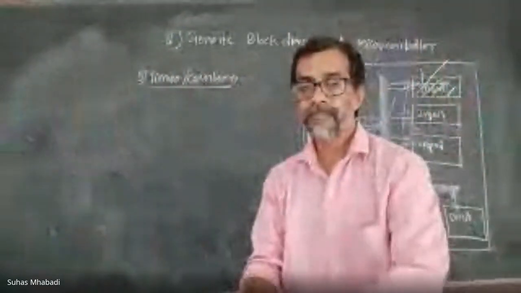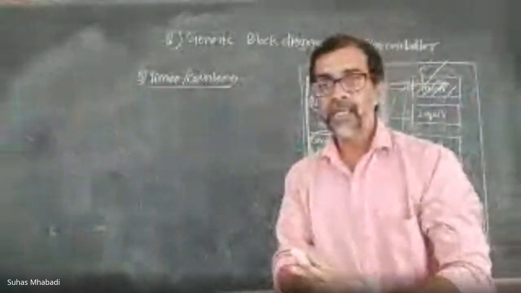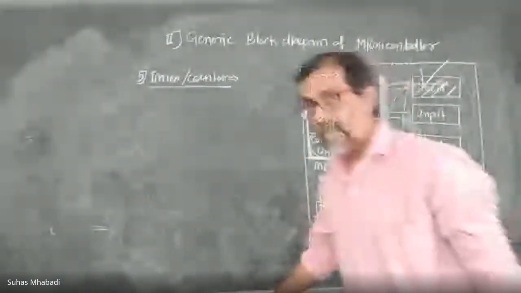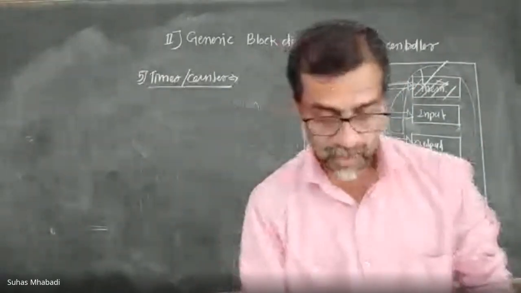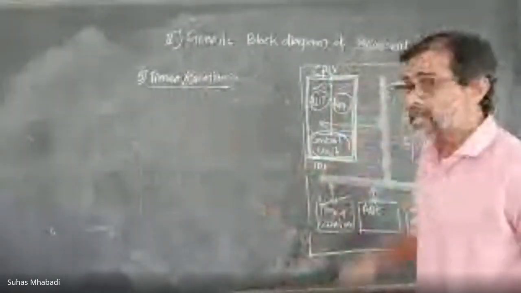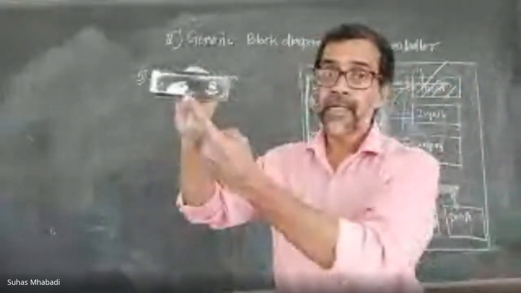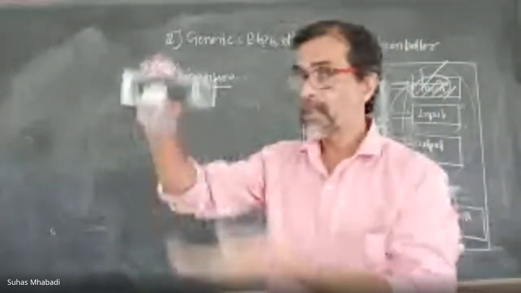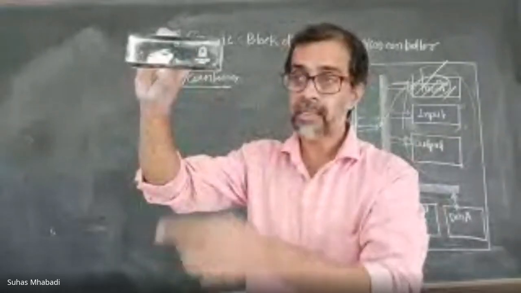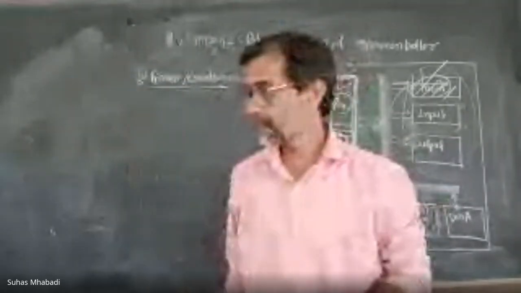Now, when I was explaining ALU, I said that it is a register. When I was explaining register, I said that it is an 8-bit or 16-bit register. When I discuss memory, memory is nothing but a number of registers in a single IC.